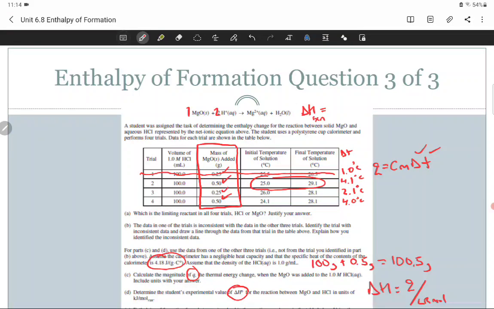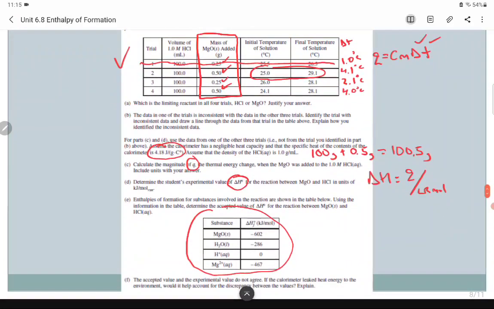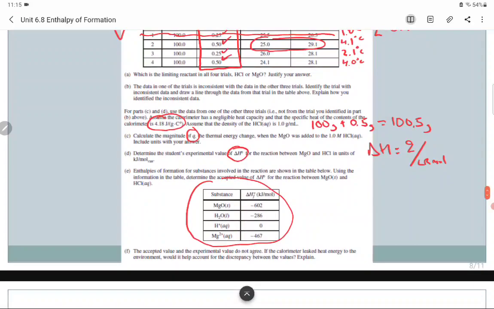The formations are given. When you do it with the delta H formation values, we're going to assume that is a theoretical true value. And when we're doing it with trials in the lab, that's experimental. So we have an experimental answer already that we got in part D, but now in part E, we are doing that same thing, but theoretically.